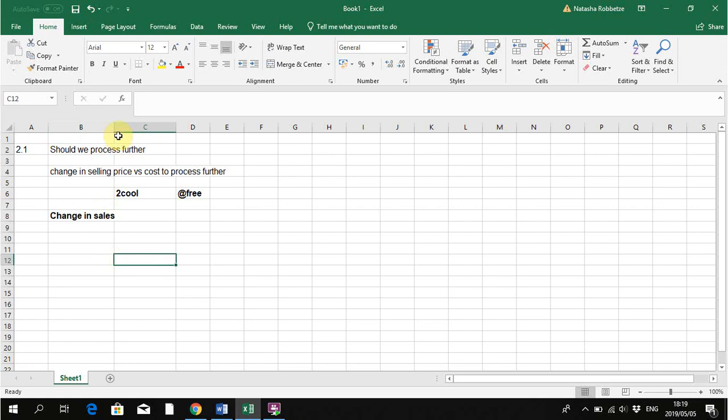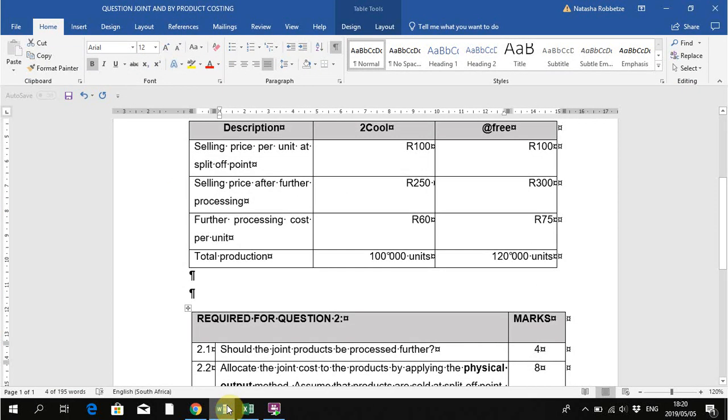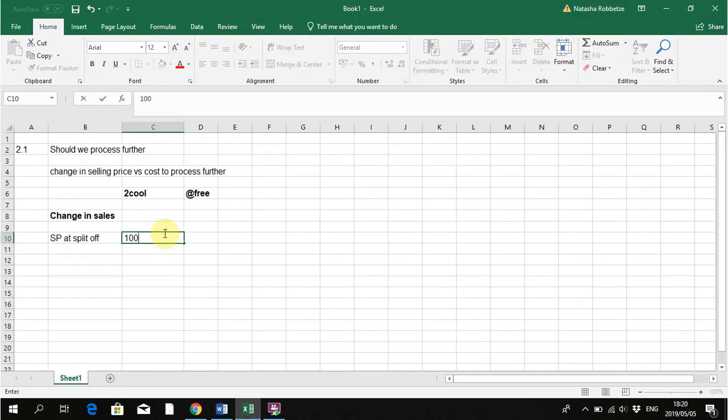If I look at the selling price, I'm going to call it SP, at split off for Too Cool, it was 100 Rand. If we further process, the selling price after processing was 250.